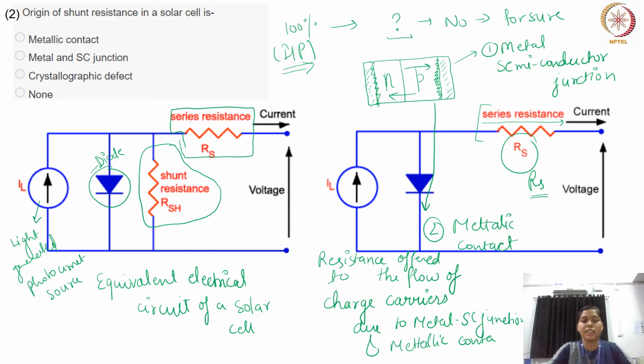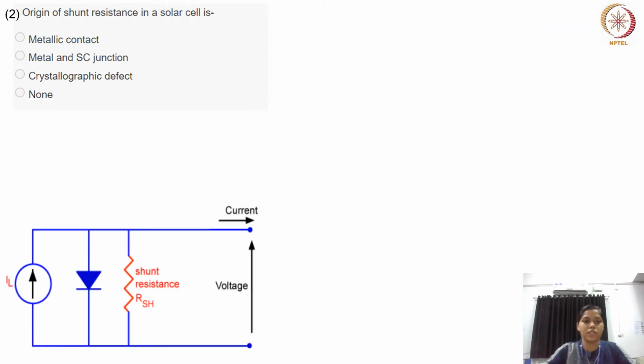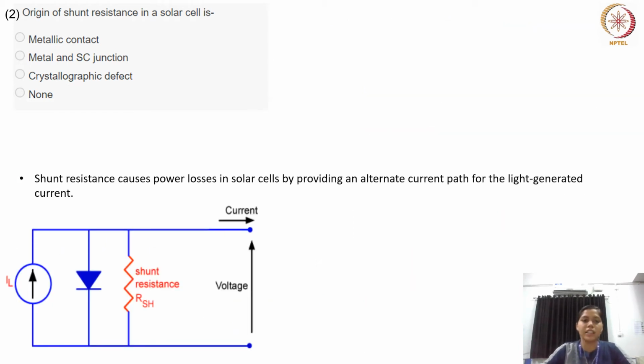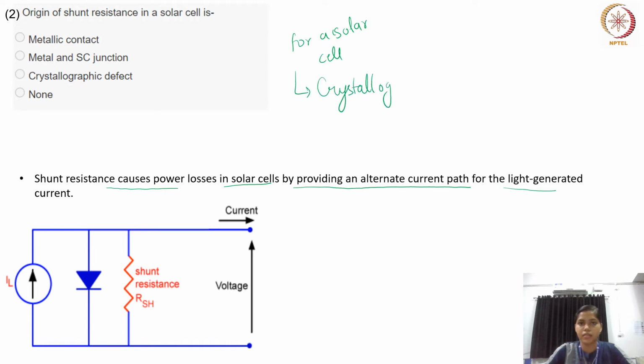Okay, now let's have a look at the shunt resistance. Basically in a solar cell, the shunt resistance causes power loss because it provides an alternate current path for the light generated current. For a solar cell, it can be due to crystallographic defects, and also due to grain boundaries.